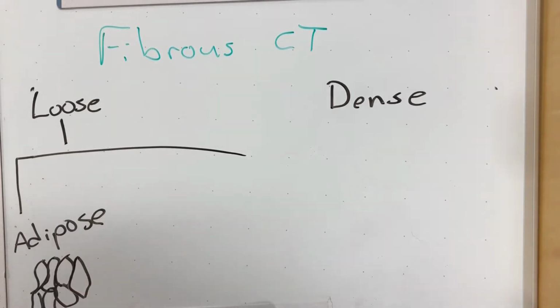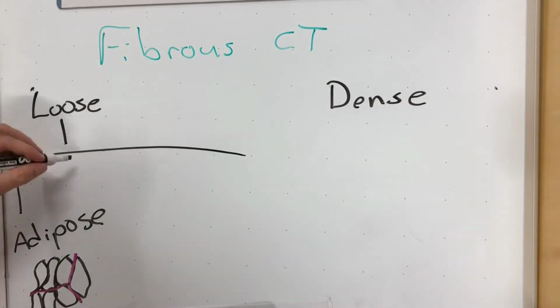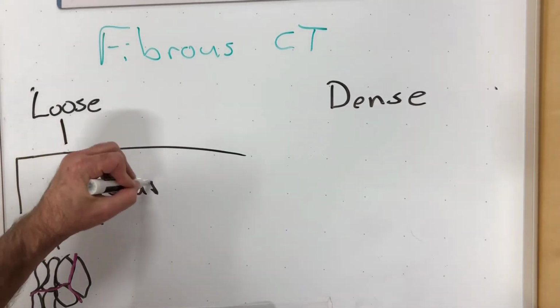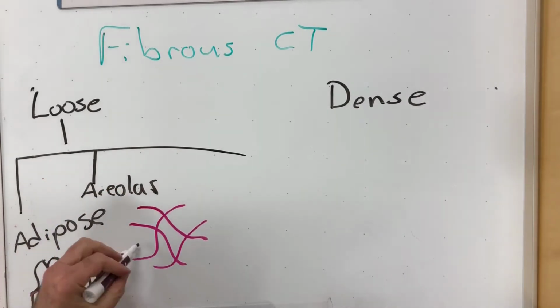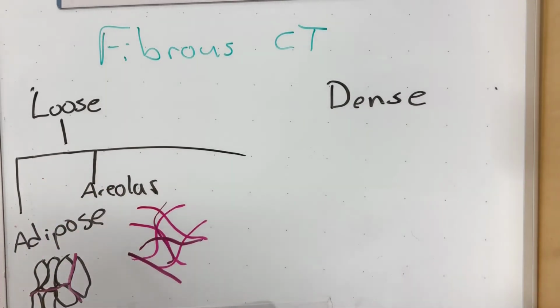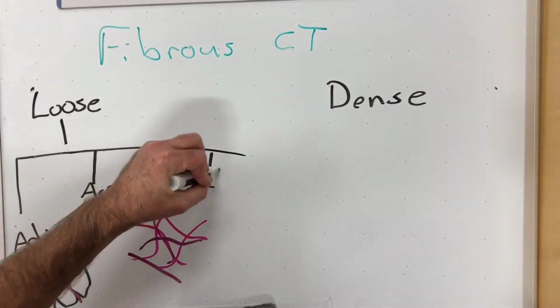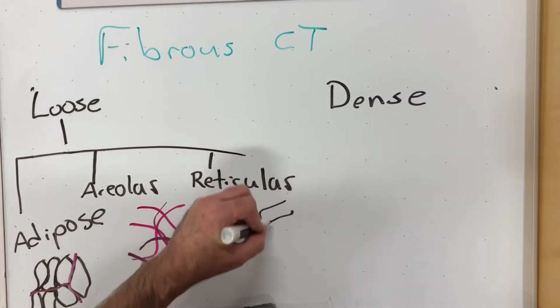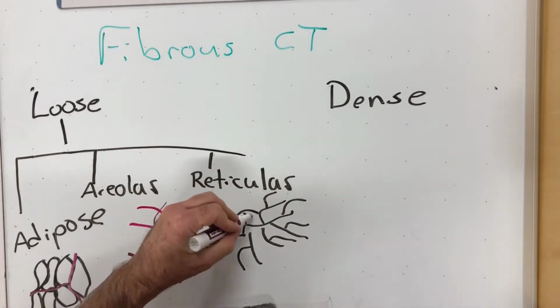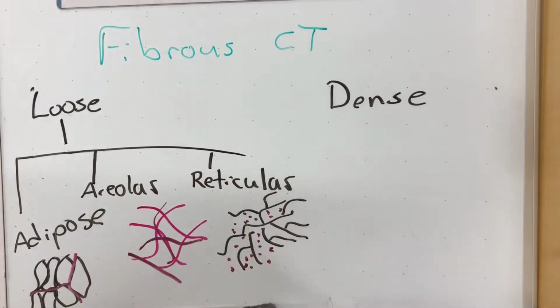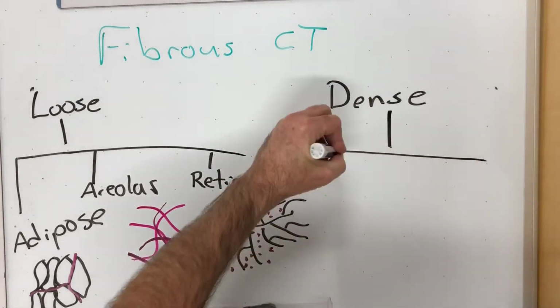Adipose, which is actually fat connective tissue, where you're just going to see a couple of elastic fibers in a bunch of fat cells. You can see areolar connective tissue, which is a very loosely woven matrix of elastin and collagen. And then we're going to see reticular connective tissue, which are the reticular fibers and a bunch of white blood cells in between them that make up things like lymph nodes and your spleen.